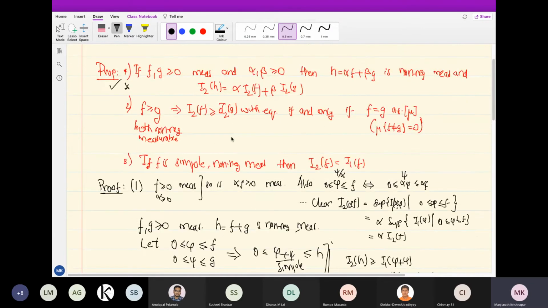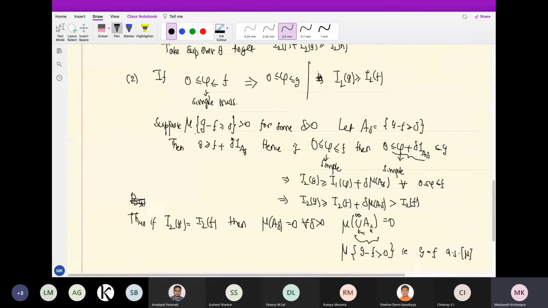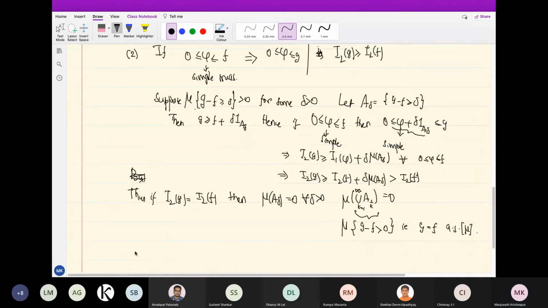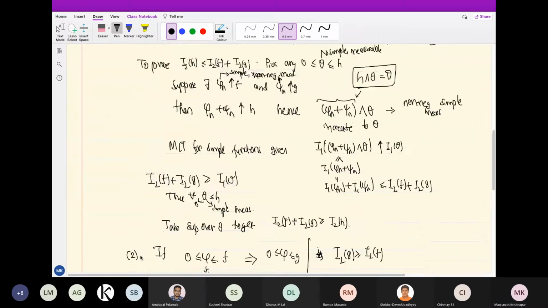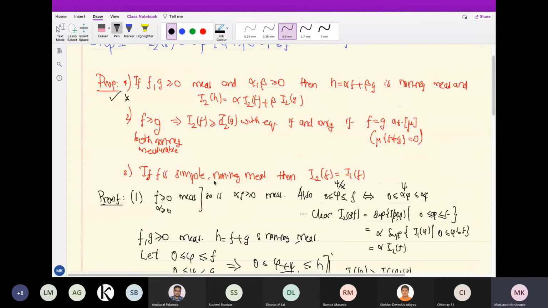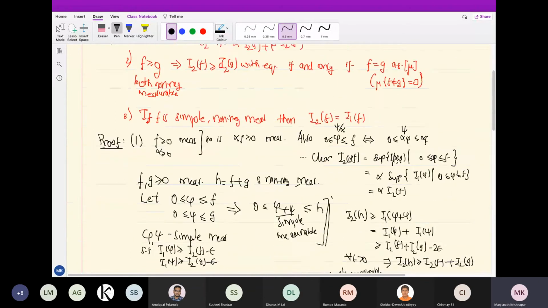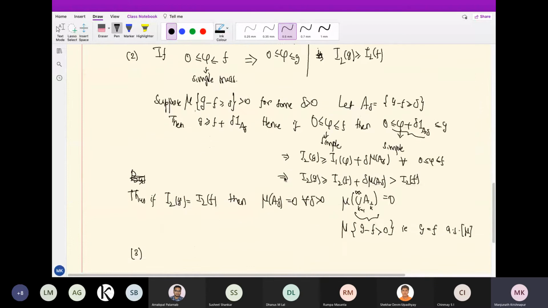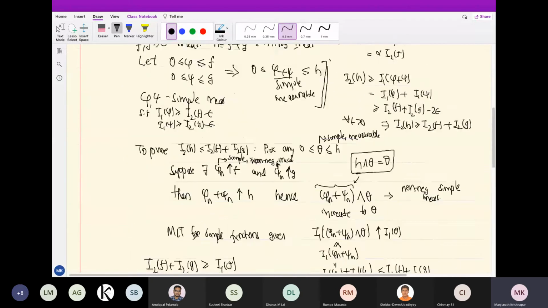The other part is actually simple. Any questions? Okay, so the third part is actually trivial. If f is simple, then this already, the other day Shekhar had mentioned this. So we have proved monotonicity and so on. So it is very clear.